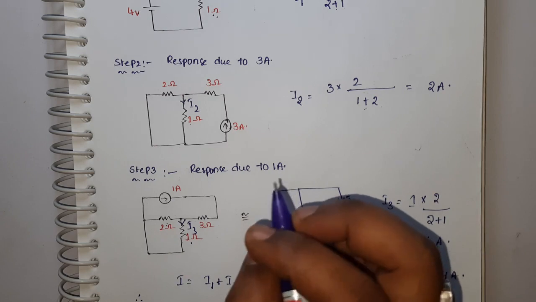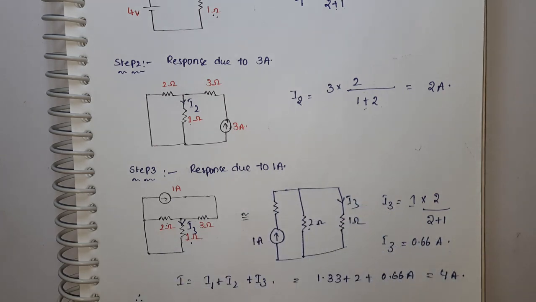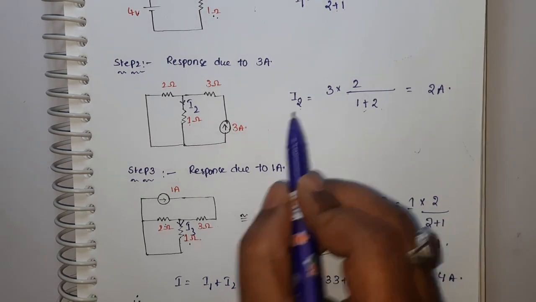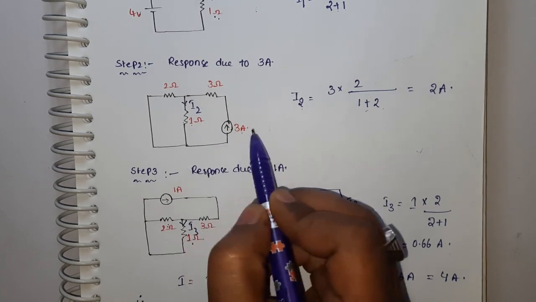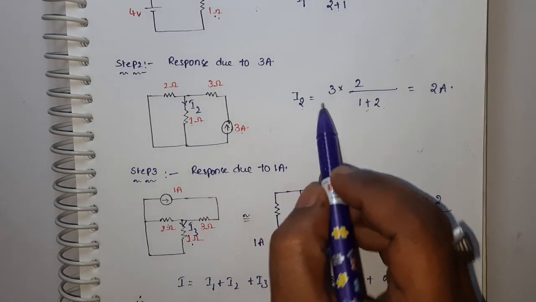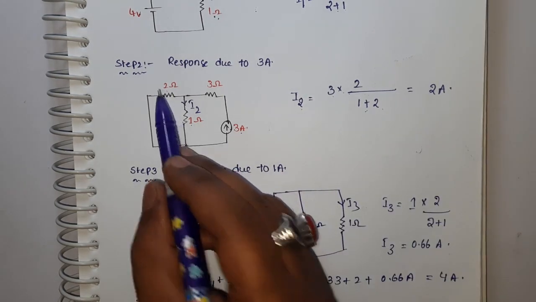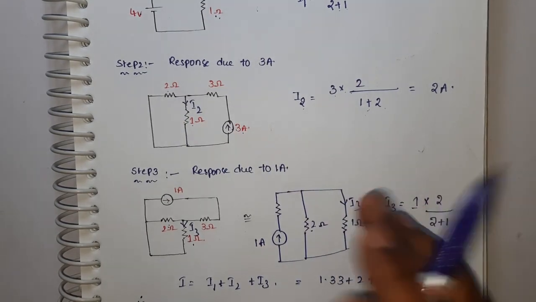If you are not familiar with the current division rule, please go through the video which was provided in the description. I have explained the current and voltage division rule in that video. So what is the current division rule? I2, the current due to the 3 ampere current source, I2 equals total current 3 into opposite resistor 2 by total resistance 1 plus 2, which is equal to 2 ampere.